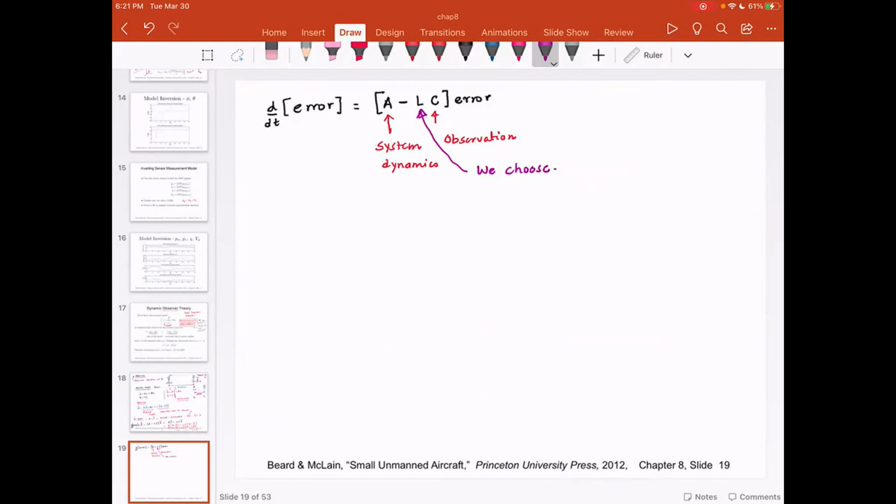So what happens because of this L? If you think about it, this expression is the same as the equation that we have seen multiple times.